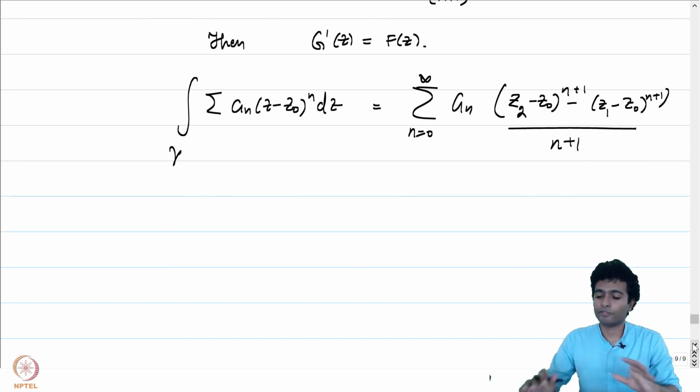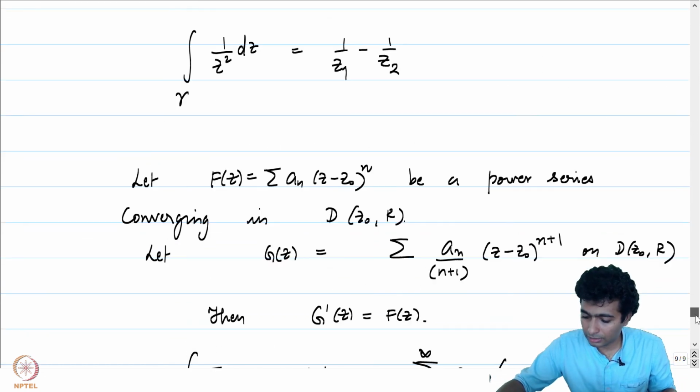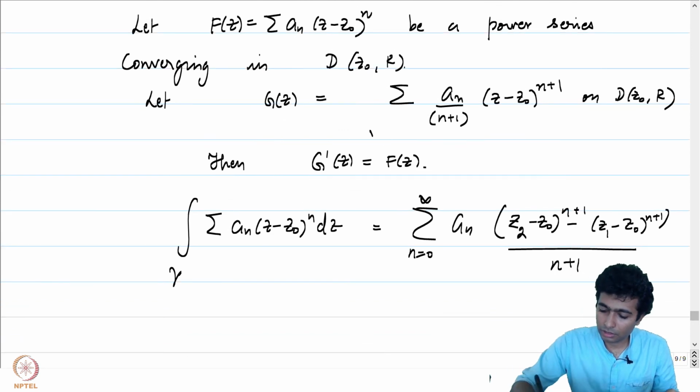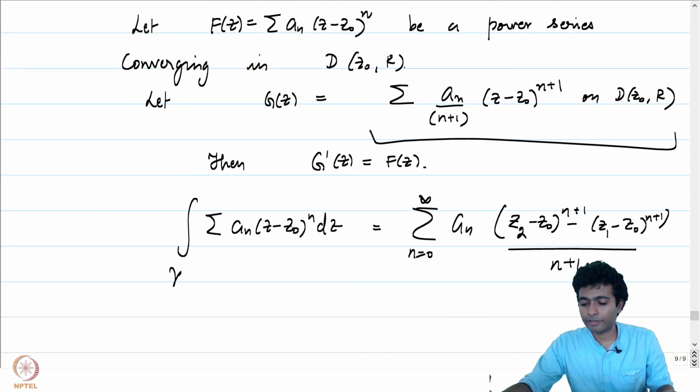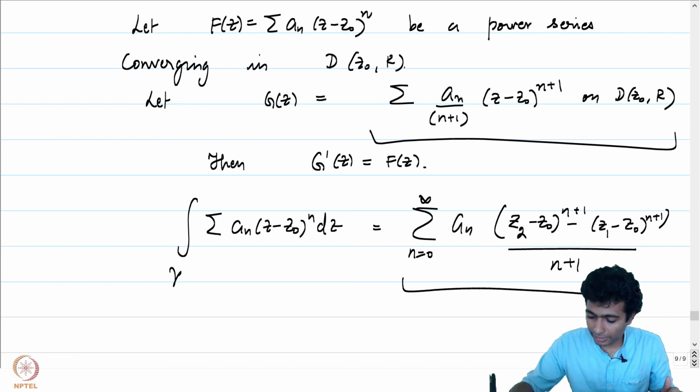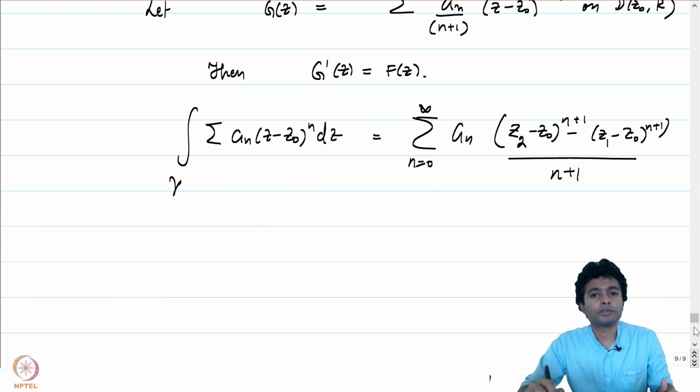So we have crucially used the fact that this series converges on every point of D(z0, R) to write it like this. Okay, so let me stop here.